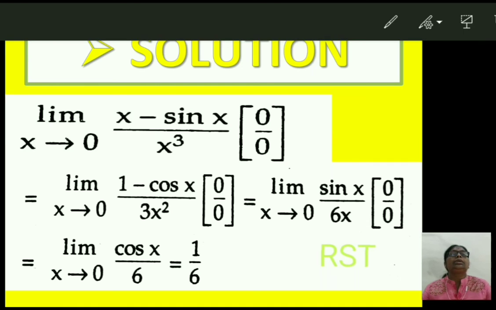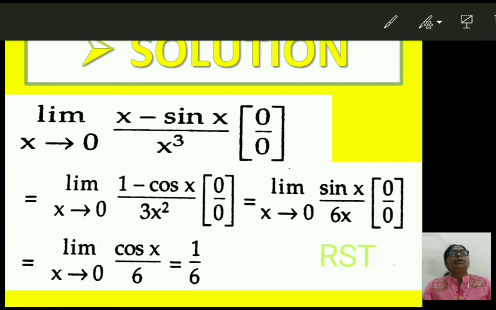That means after using L'Hospital's rule, again we get 0 by 0 form, so we again use L'Hospital's rule. That means we take derivative of numerator and denominator separately, so that we get limit as x tends to 0 of derivative of numerator, that is derivative of 1 is 0, minus derivative of cos x is minus sin x, so that minus minus is plus, so we get sin x, divided by derivative of 3x square, which is 6x.